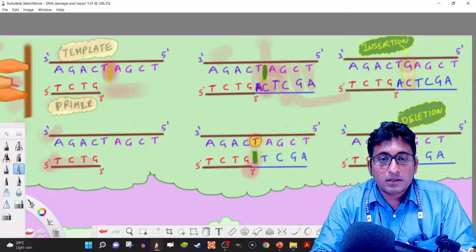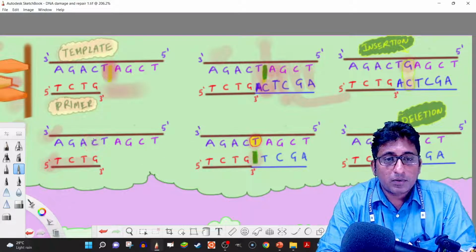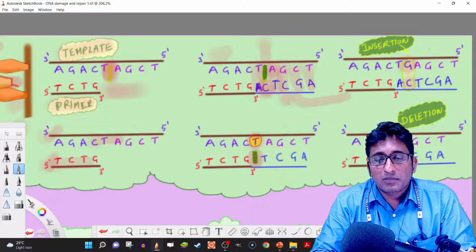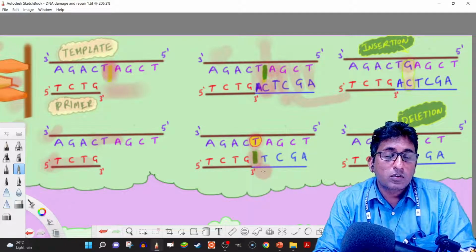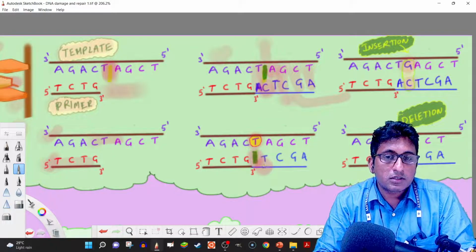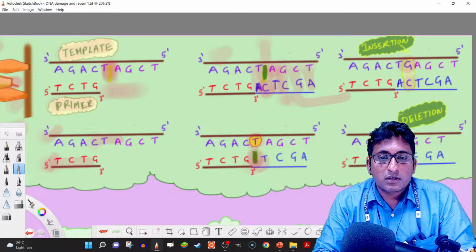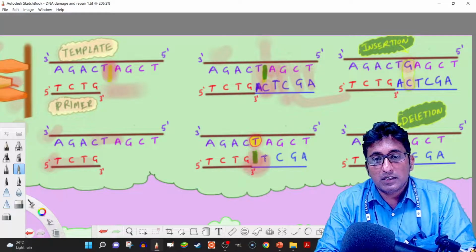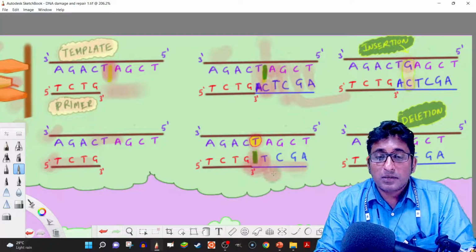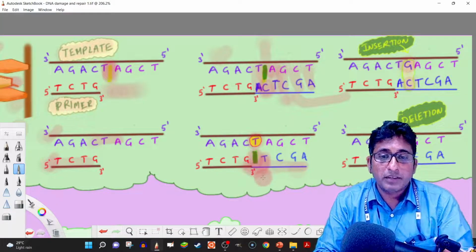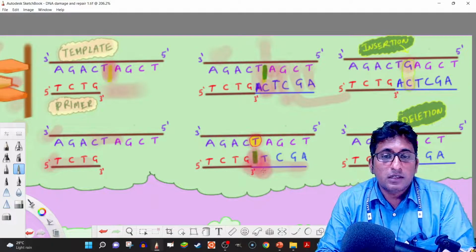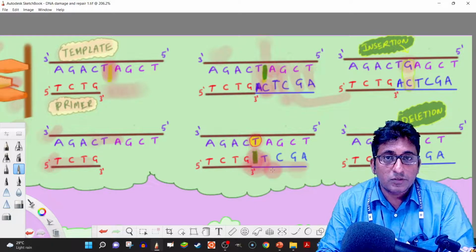Say for example we had CTA, and against this T one of the intercalating agents could read it as such, but the base that is making the phosphodiester bond would be G and T and CGA. That means one less base has been added in there. GA should have been there, but G and then T, A is missing.